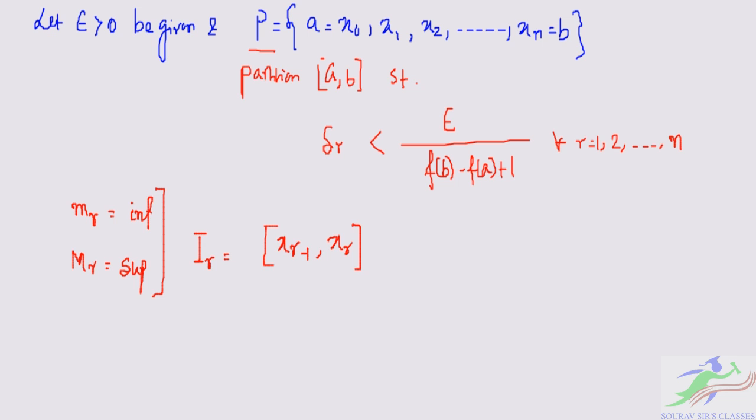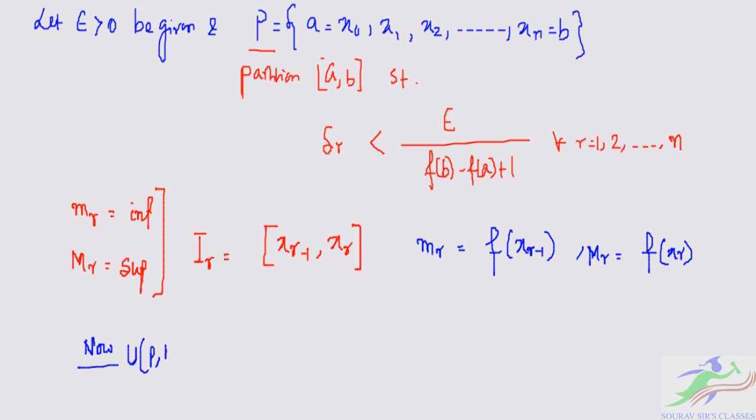Since f is monotonically increasing, as we have already considered, the infimum of f will be f of x r minus 1, and the supremum of f will be Mr, which is f of x r, right?